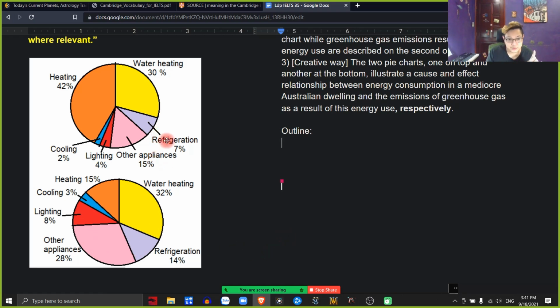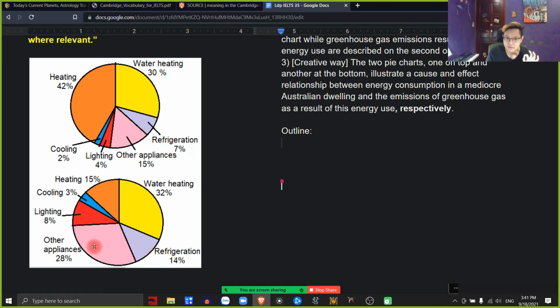Look at this one. Refrigeration 7%, but now it's double, isn't it? And then other appliances also nearly double. Lighting is exactly double. So it seems like refrigeration, other appliances, and lighting consume not much energy, but they emit a lot of gas, double that much.